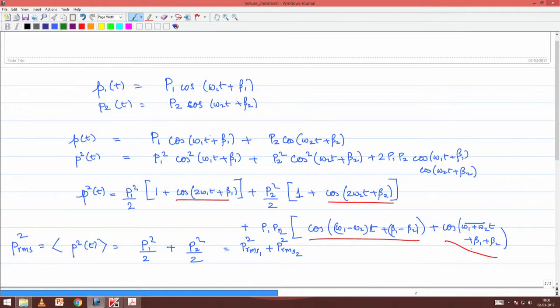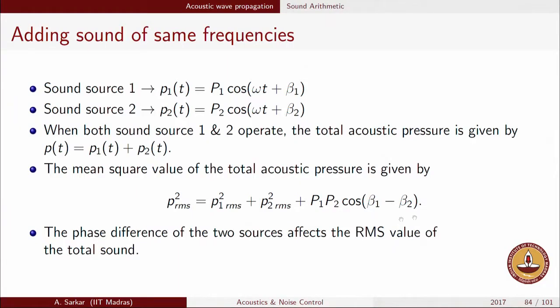Only the second term is going to have a 0 average effect, but the first term, wherein you have omega 1 minus omega 2, will have an average effect associated with P1 P2 cos of beta 1 minus beta 2, which is the cosine of the phase difference between the two signals multiplied by the product of the two. So, that part is clear.